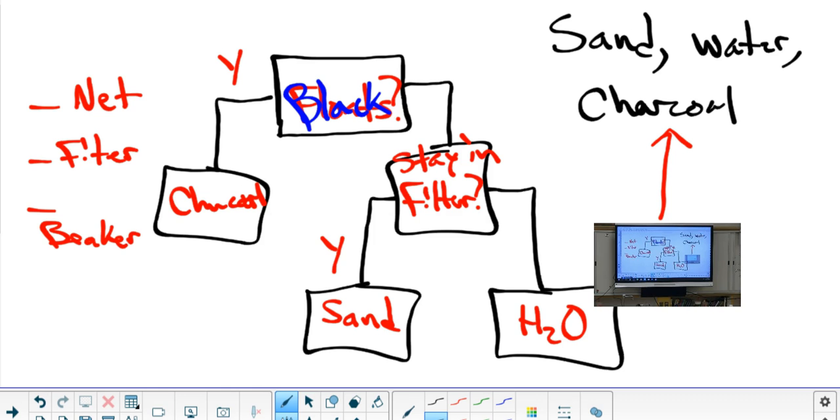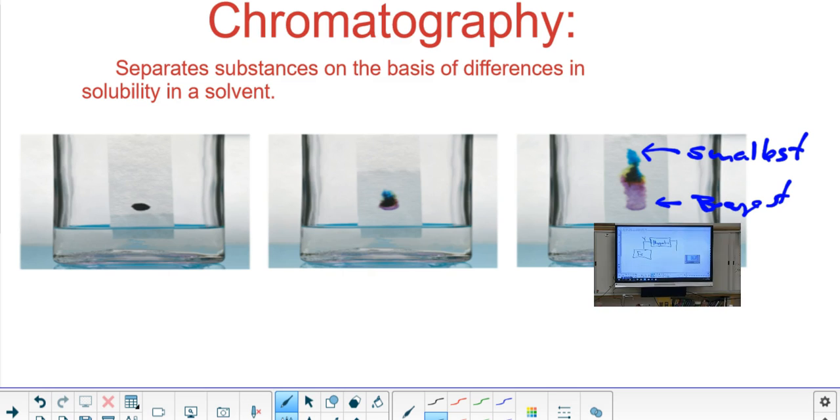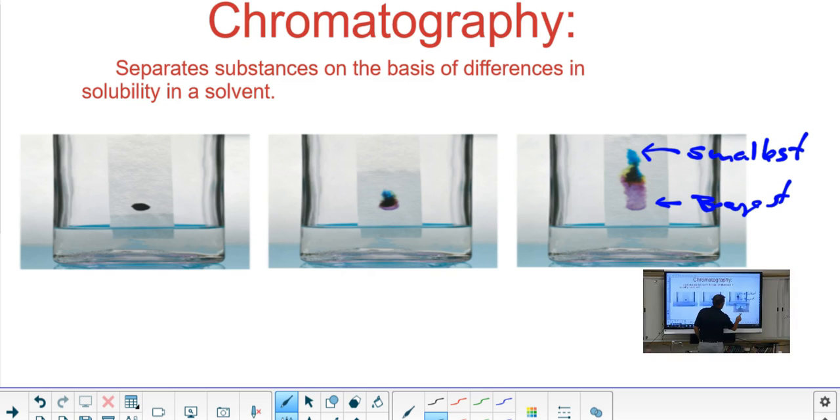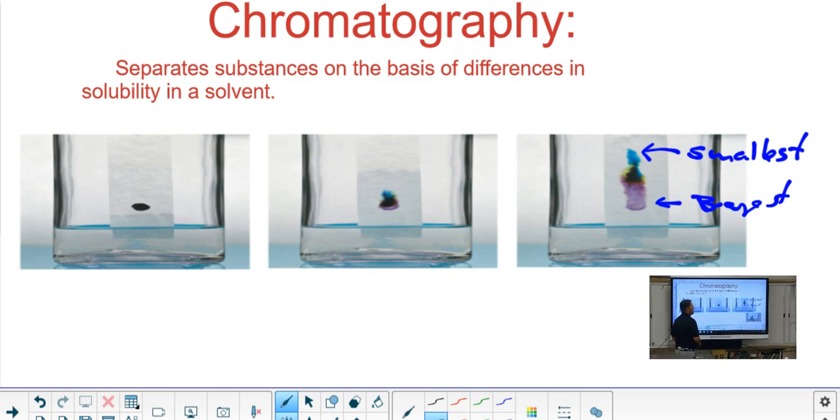The next one, I'll come back to that in a second. Well, I didn't realize I put those slides out of order, but it's not that big a deal. The last one we do not really use at all in this class is called chromatography. It also separates things based on their solubility and really their size. You use this in medical forensics, maybe biology. This is just a little spot of marker. You put that on filter paper. Then you put that in a solvent.